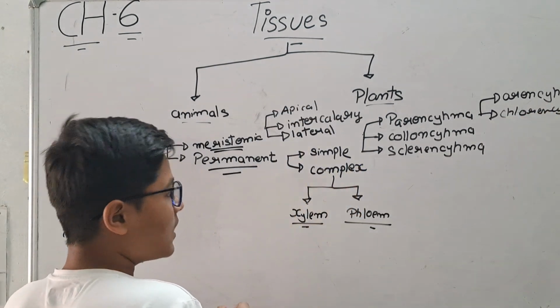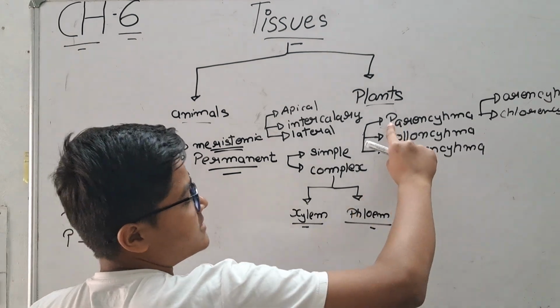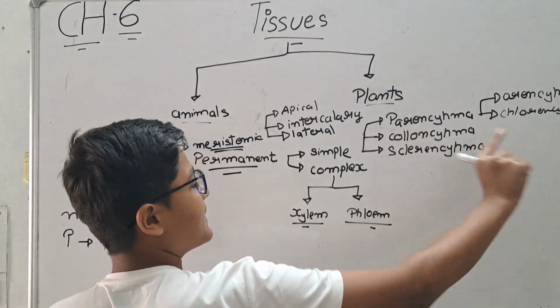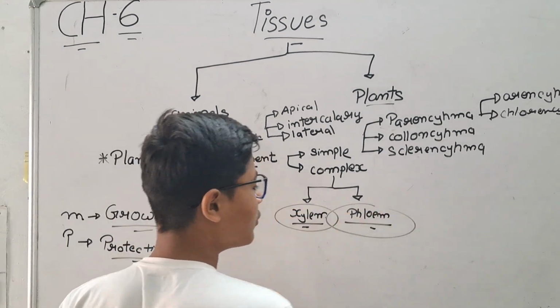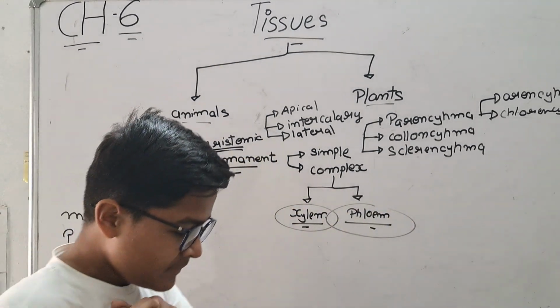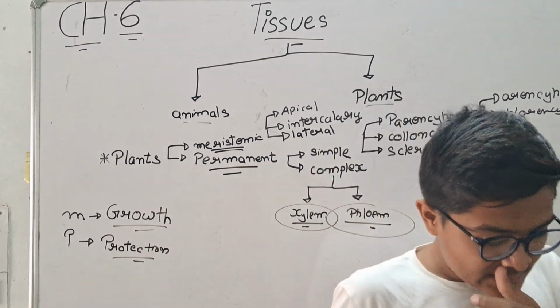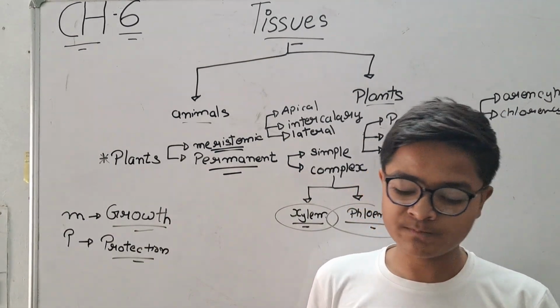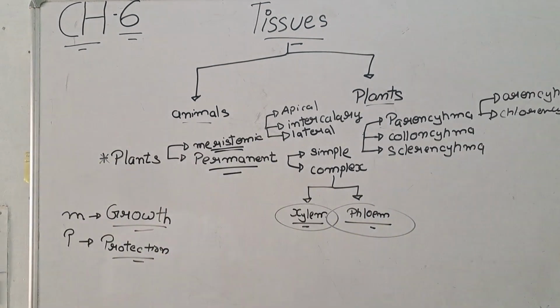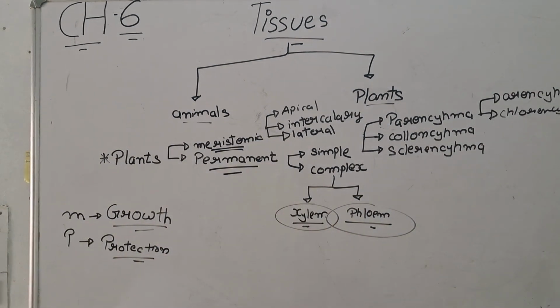And in complex there are two types: xylem and phloem. These are the topics of only the plant tissues.